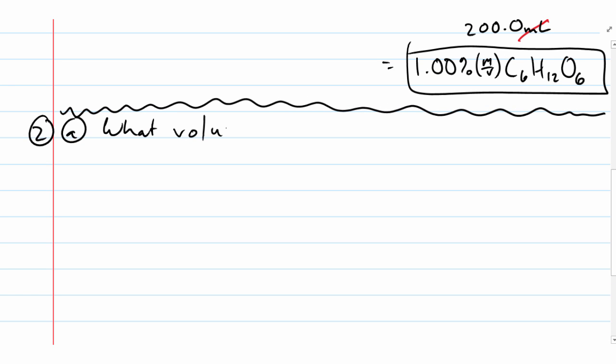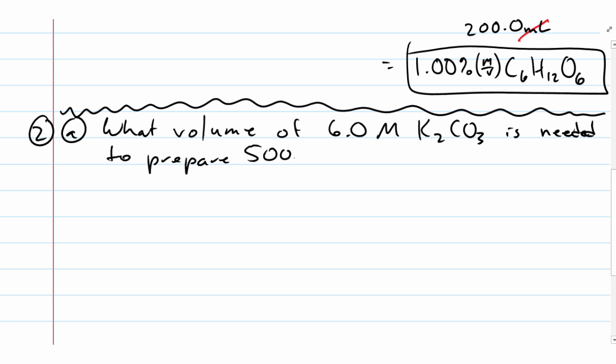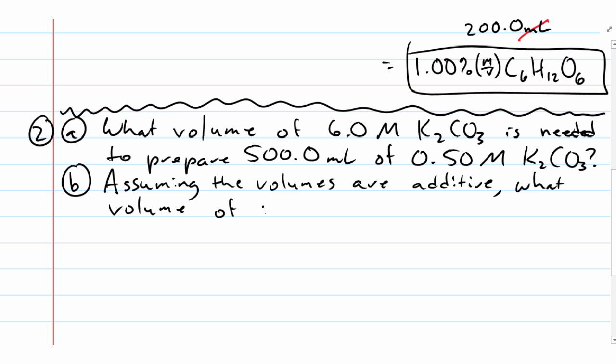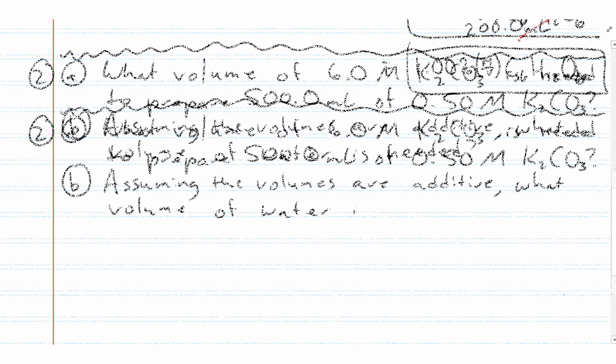So in this one here, what volume of 6.0 molar potassium carbonate is needed to prepare 500.0 milliliters of 0.50 molar potassium carbonate? Part 2 for this question reads, assuming the volumes are additive, what volume of water is needed?